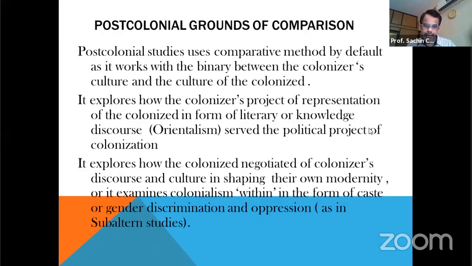More recent are post-colonial grounds of comparison, where the ground of comparison is colonial history and its influence on Indian society, modern Indian society. That is the ground of comparison in comparative literature.